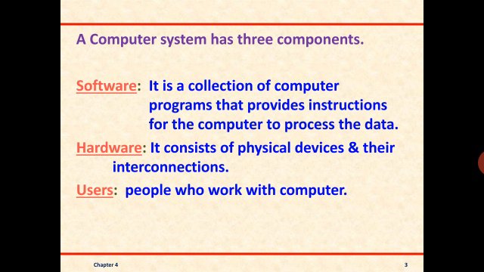The data has to be processed and then we will get the required result. To get the required result, we have to process the data, and to perform that processing task we have to write the programs. Those collections of programs are known as computer software.